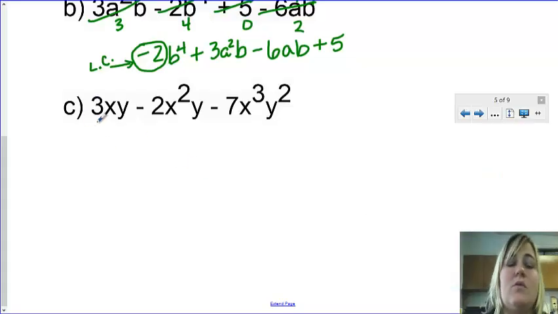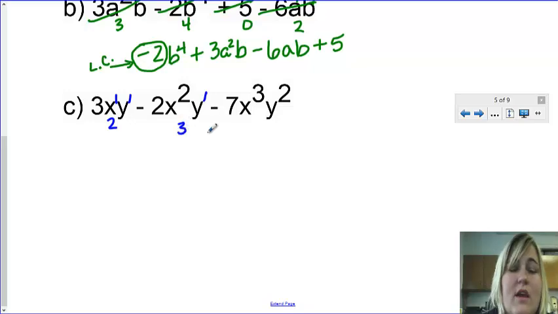So, on C, we're going to start by writing what each degree is. So this one has x to the first, y to the first, which gives us a degree of 2. X to the second, y to the first, I add those together, I get a degree of 3. X to the third, y to the second, I add them together, I get a degree of 5. So the first term that I'm going to write is the one with the highest degree, which is 5.